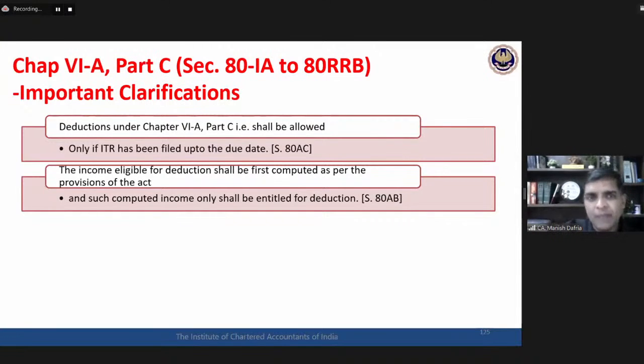Let it be, my 100% income is exempt. So that's why the law says that you cannot do this. First, income is to be calculated as per all the provisions of the Act, as if these deductions are not available. The income is to be calculated as per all the provisions of the Act, and that computed income only, after allowing all these expenditure, deduction, everything, that computed income only shall be entitled for the deduction.